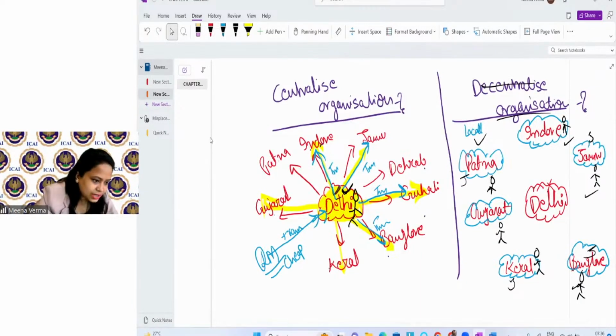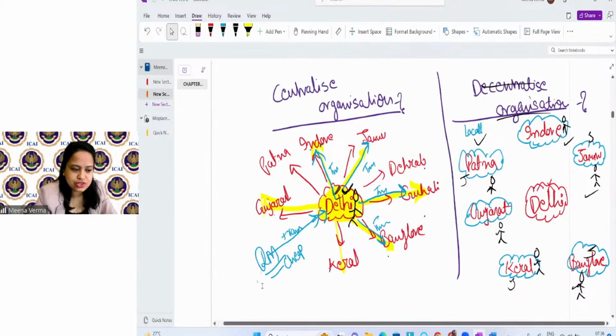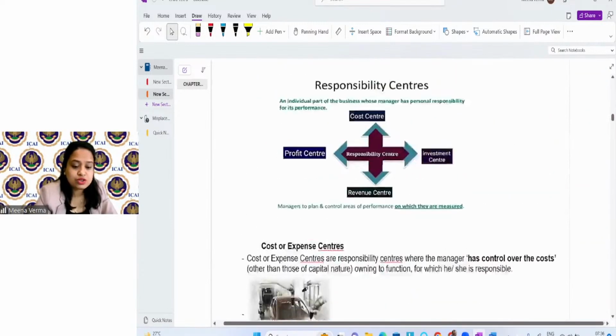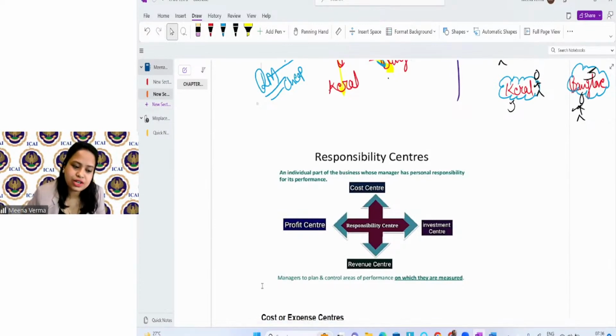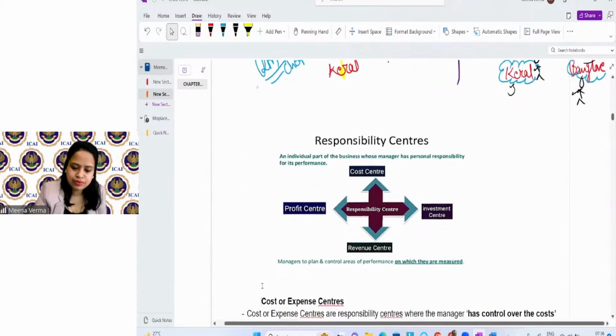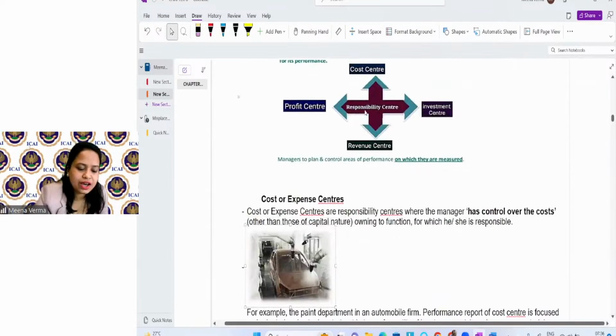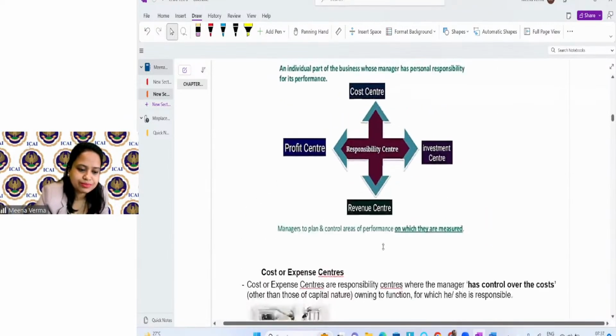Now the point is that in case of decentralized organization, what do we have? Responsibility center. Decentralized organization is better. And in case of decentralized organization, we have different responsibility centers.